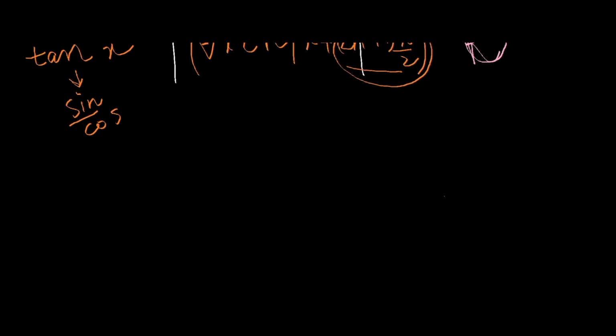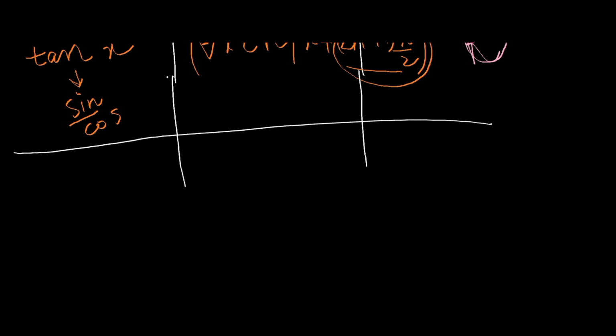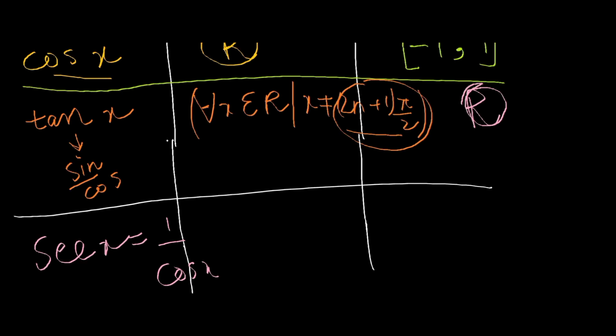So the fourth trigonometric function is secant x, and we all know that secant is equal to 1 over cos x. Same condition as we've talked about here, we don't want cos to be 0, because then it would be a disaster.